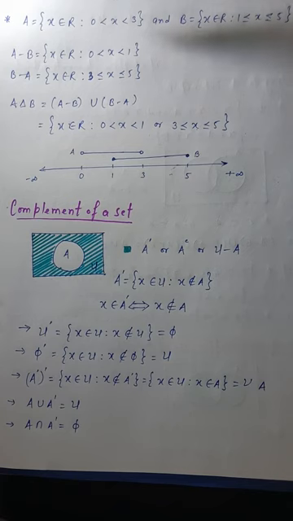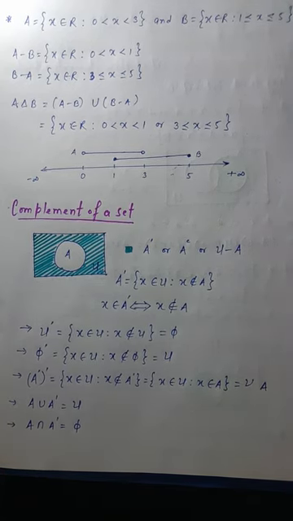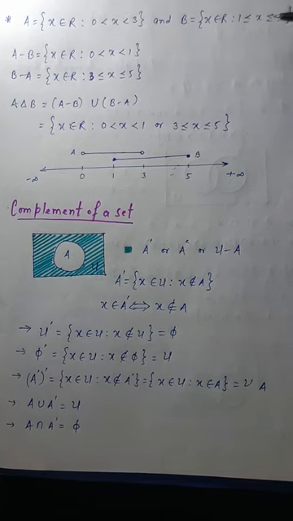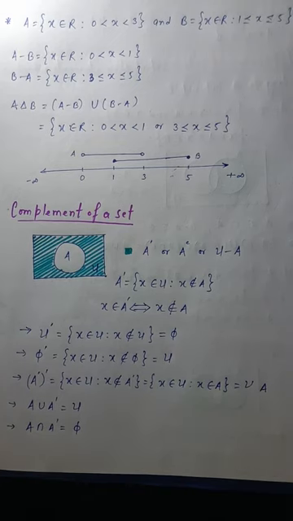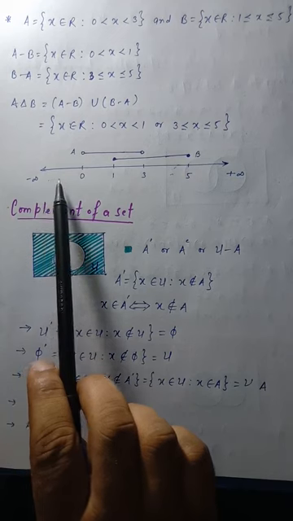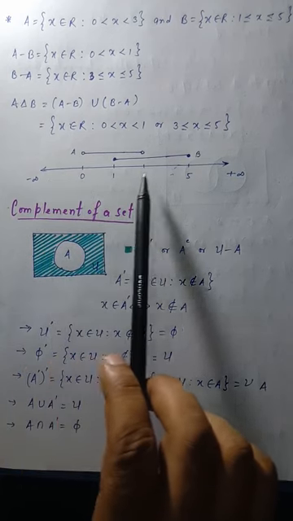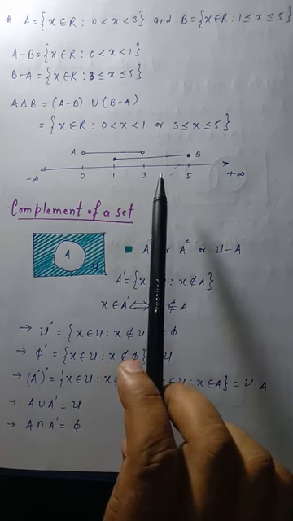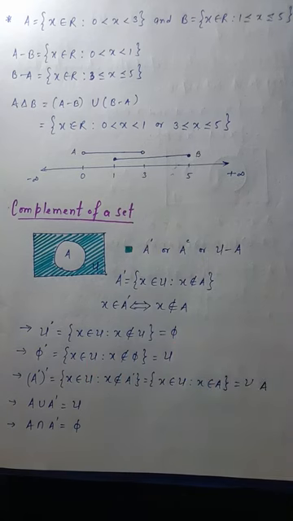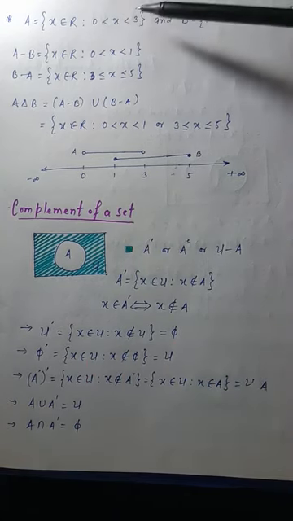First of all, draw set A on the number line. You can see what the points are: 0, 3, 1, and 5. We will show only these points without taking a scale. So this horizontal line is a number line and you write these points like 0, then 1, then 3, then 5. Randomly we have written these points in increasing order. Now just see, set A says that x is greater than 0 and less than 3.